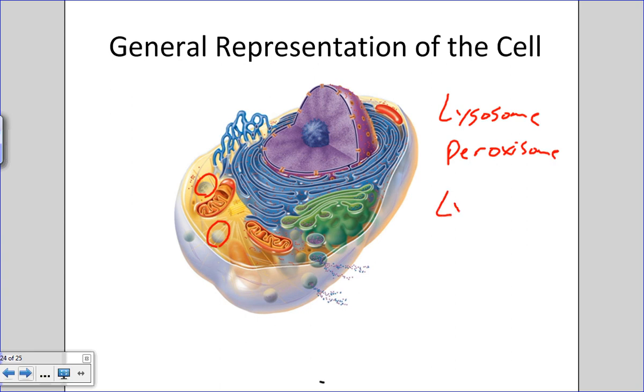Okay, LYS in medical terminology, think of that as to break. Think of lyse as to break. So if we're talking about lysosomes, these are little pouches or packets that contain enzymes, digestive enzymes. So basically what these lysosomes do is these enzymes break apart organic materials.